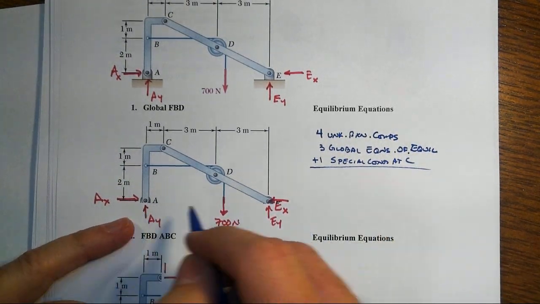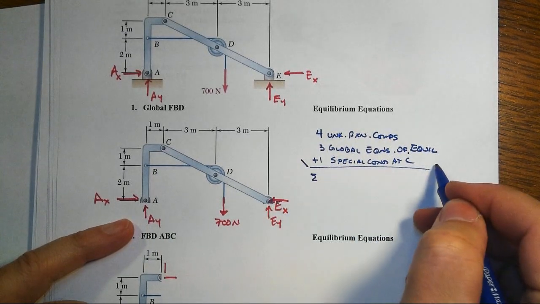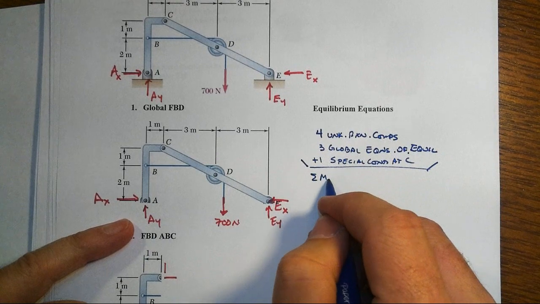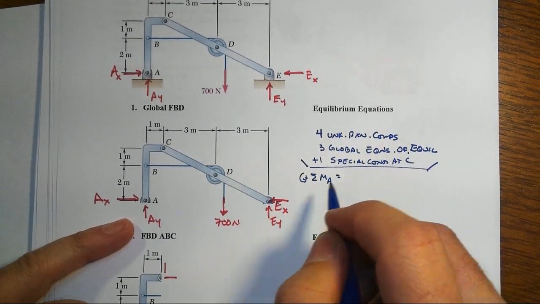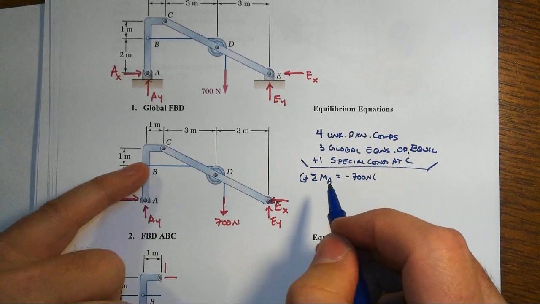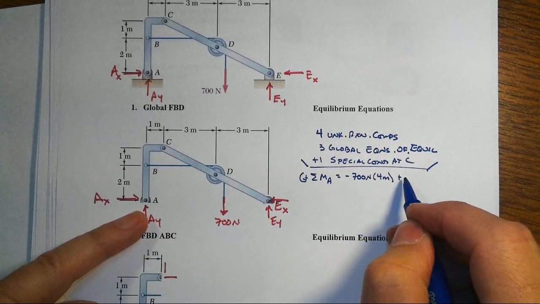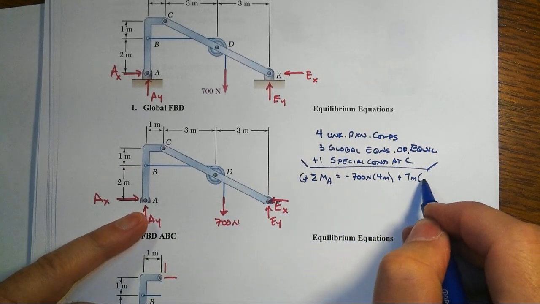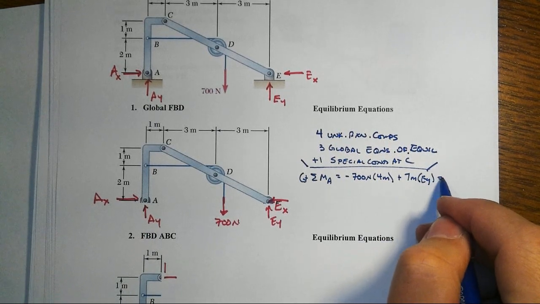So let's see what we can actually get here. If we sum moments about point A, taking counterclockwise positive, we'll have minus 700 newtons times a moment arm of 4 meters, plus a 7 meter moment arm times EY. EX, AX, and AY all go through point A, so they're not in there.